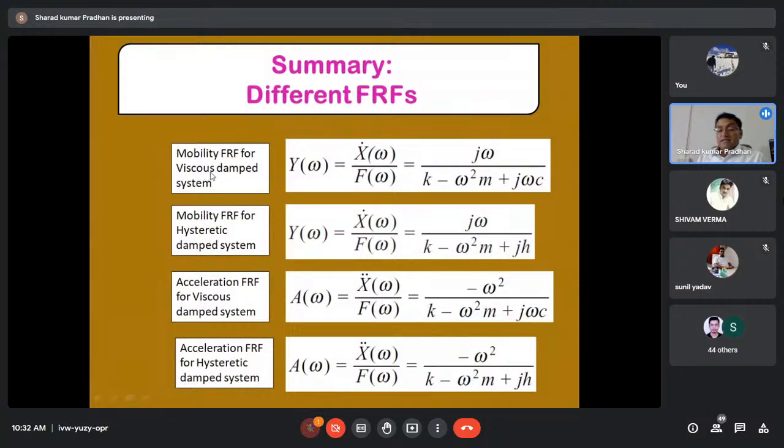So if we have a viscously damped system and we want to find velocity divided by f, that FRF is going to be called the mobility FRF. And if we have acceleration divided by f, this FRF is going to be called the acceleration FRF. So this is the acceleration FRF for viscous, this is the acceleration FRF for structural. Similarly, this is the mobility FRF for viscous, and this is the mobility FRF for structural.